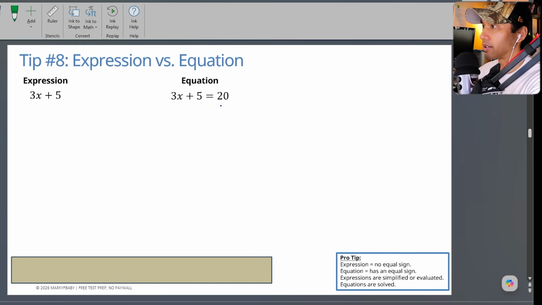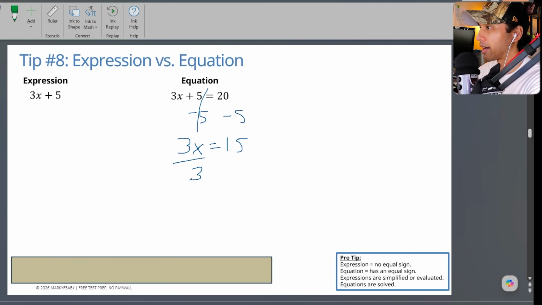Versus an equation. An equation, we have an equal sign, and now we could isolate the variable and solve for x. Let me show you how to do that. Minus 5, minus 5. We must do that on both sides to cross this out. And then we get 3x equals, what is 20 minus 5? That is 15. Now, what else can I do to isolate the x?